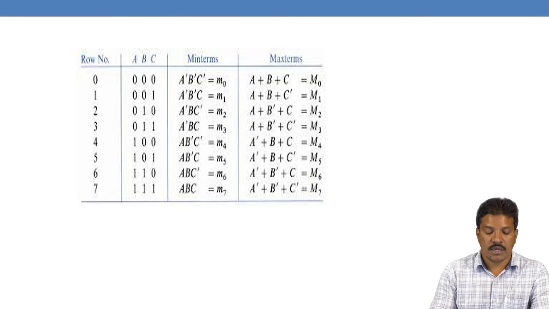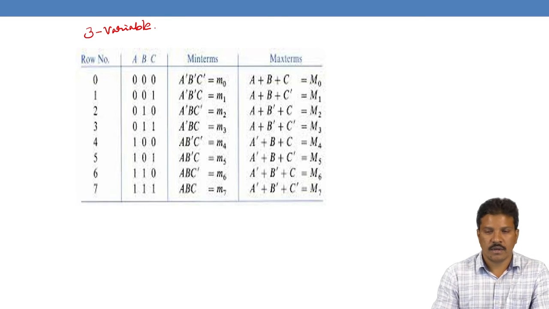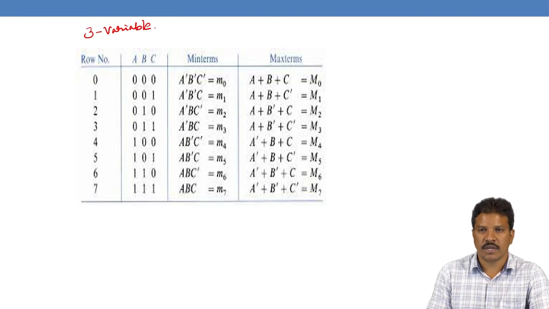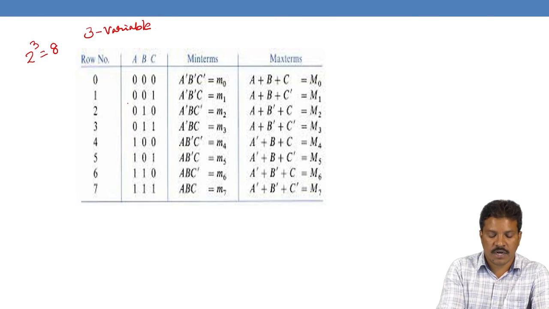If you see a three variable Boolean function represented in a table in min terms and max terms, if it is three variable, n is equal to 3 means 2 power 3 is equal to 8 Boolean combinations, which are represented as 0, 0, 0 to 1, 1, 1.